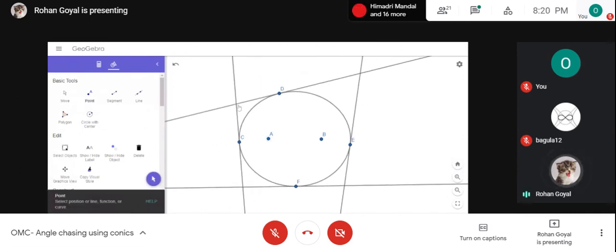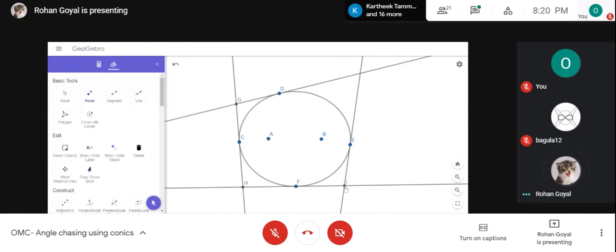Okay. So you have 4 points, G, H, I, J. GHIJ is a quadrilateral with an ellipse in it. Now A and B are isogonal conjugates.